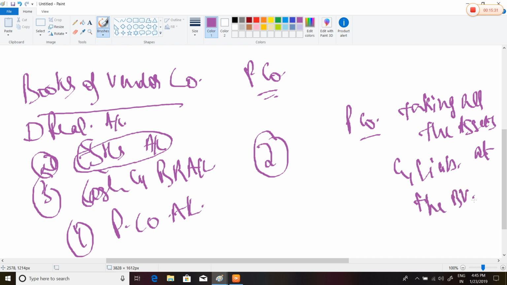In the realization account, while transferring all the assets and liabilities, the book value will be considered. Then we'll put all the adjusting entries.